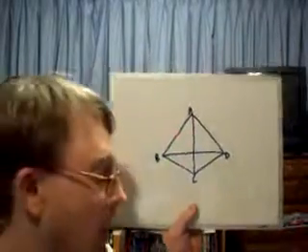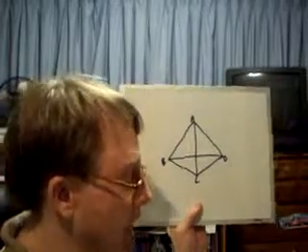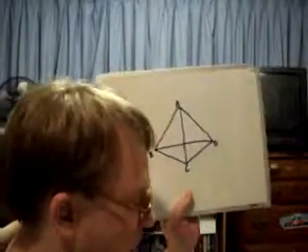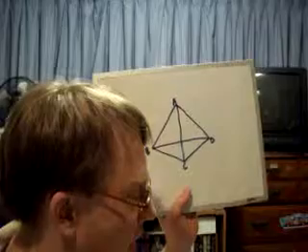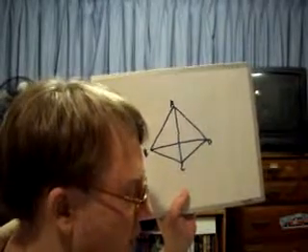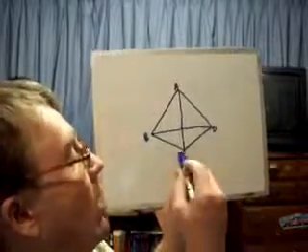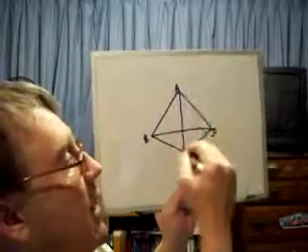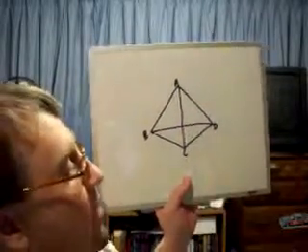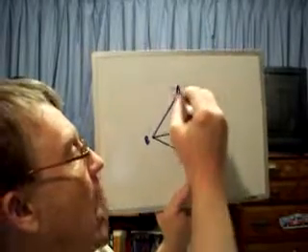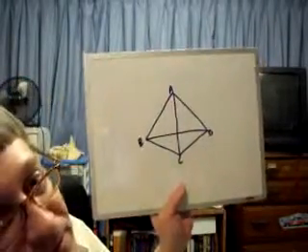So let's go through the definition again. Try to clear this up. A solid angle is the inclination constituted by more than two lines. Well, inclination means you're going up. That's inclination right there. And you have more than two lines meeting at this point.